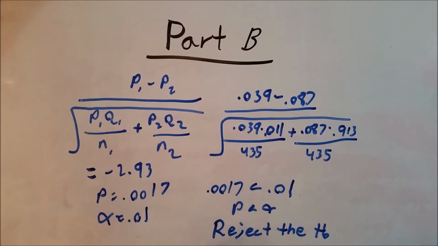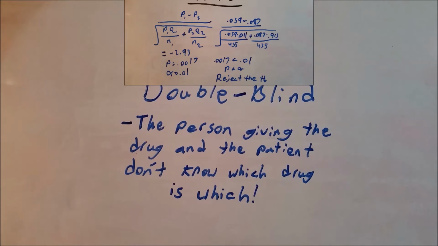So we reject the null hypothesis, and people taking the AZT drug are less likely to develop AIDS than the placebo, according to the evidence. But it is really significant that AZT is effective.